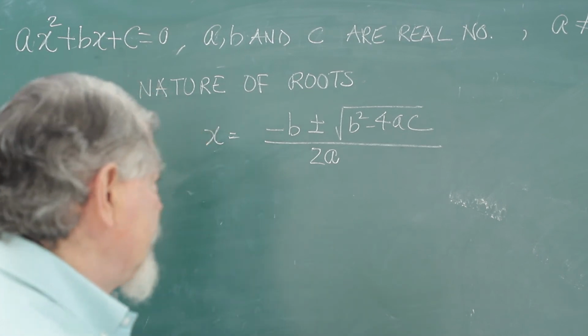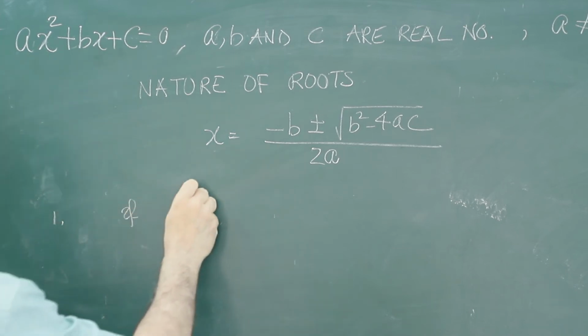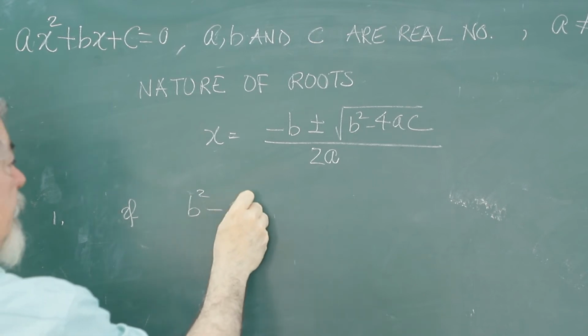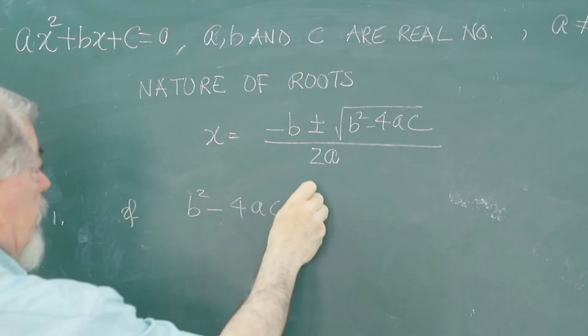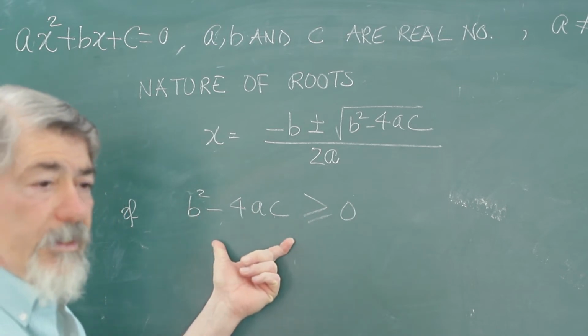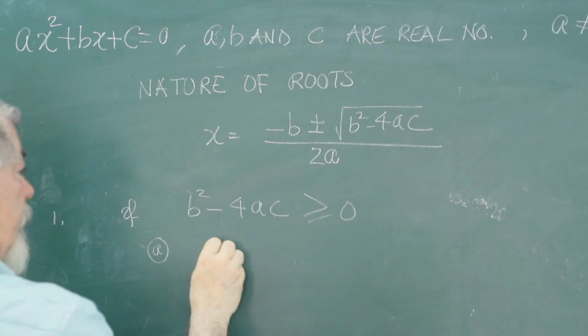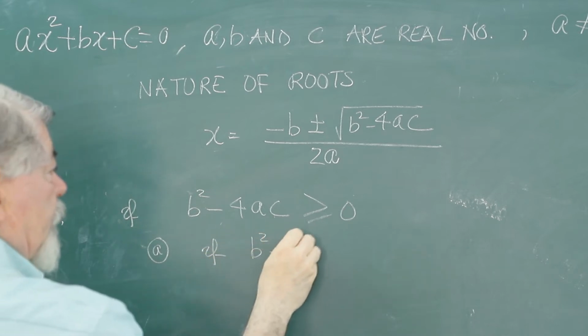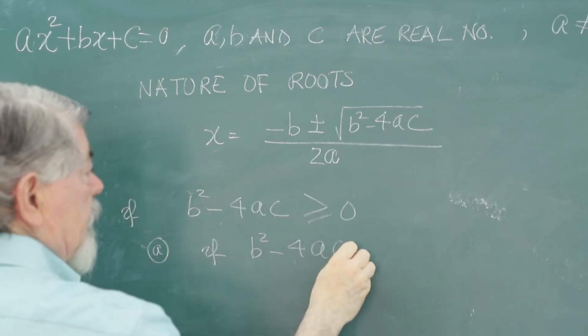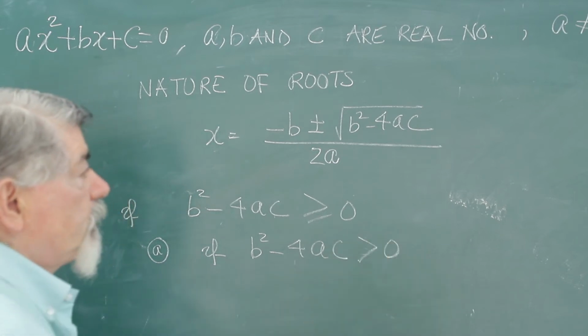And there are two cases. Number one, if b square minus 4ac is greater than or equal to 0. In this also there are two cases. The first case would be if b square minus 4ac is greater than 0. That means it is positive.